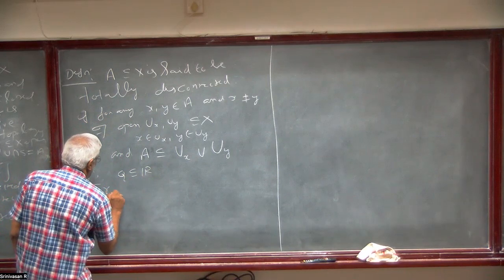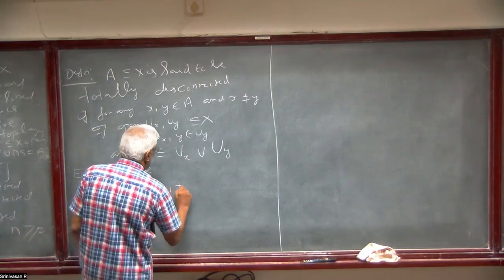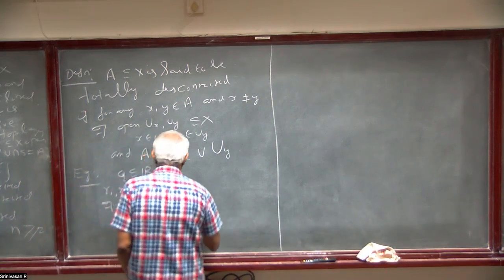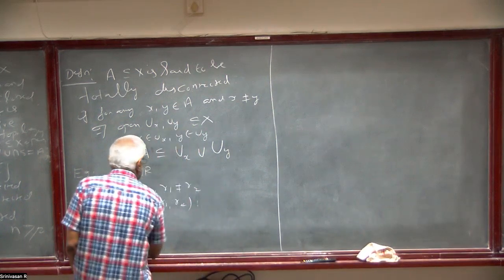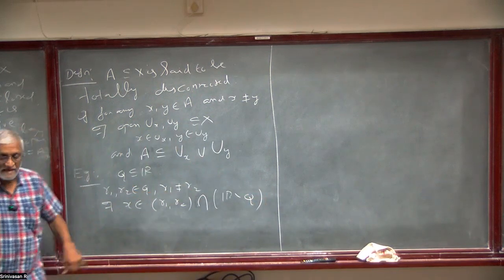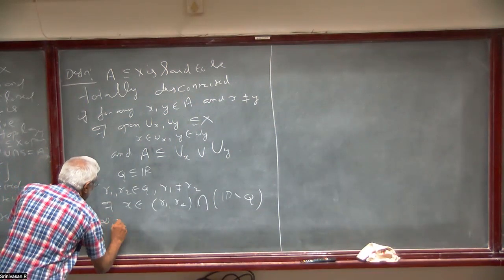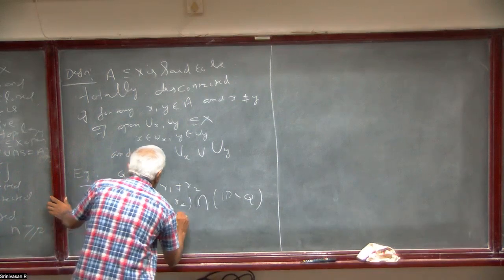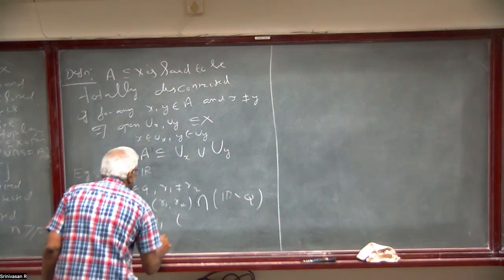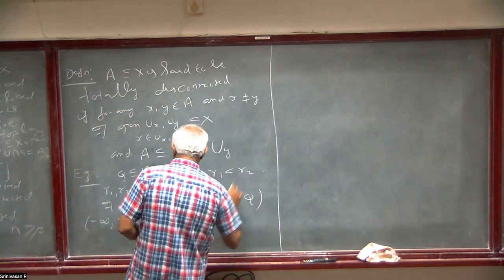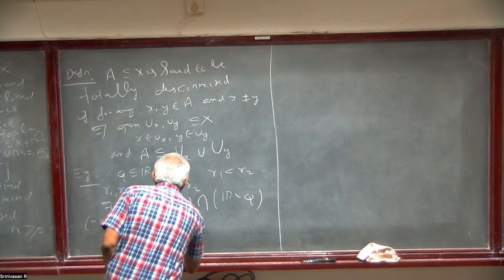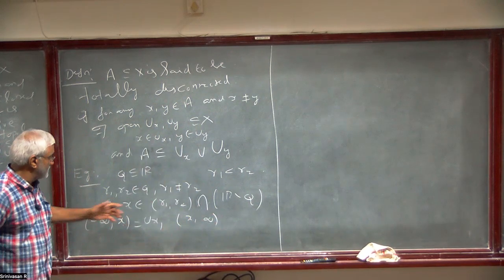If you take two rationals r1, r2 in Q, r1 not equal to r2, then there exists an x in the interval r1, r2 which is irrational, x in R minus Q. If there exists such an x, then take minus infinity to x as Ux, assuming r1 is less than r2, and x to infinity as Uy.